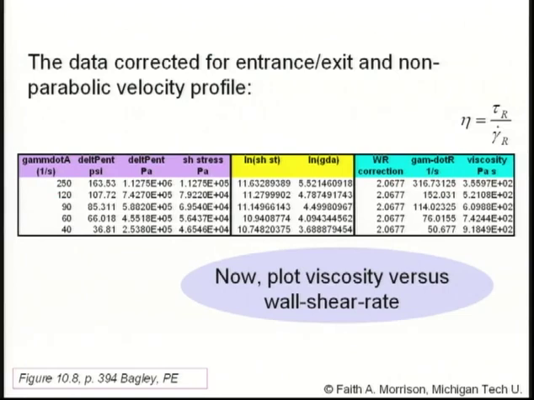So once we have that correction, we can then take the true shear stress divided by the true shear rate to get the viscosity. So the final reported data are viscosity versus shear rate.